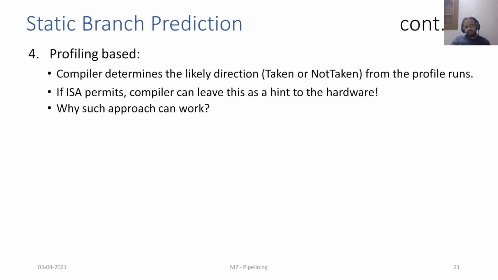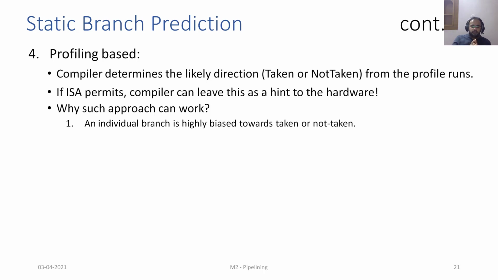Now, why such an approach would actually work is, what the designers or the hardware architects found was, typically a branch is highly biased either towards taken or not taken, and we would be able to capture this in the profile runs.